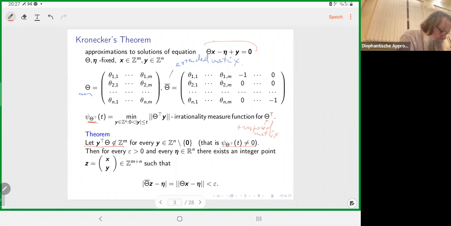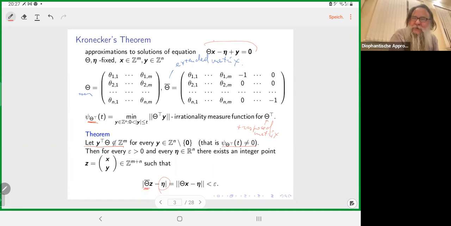Then we have the following well-known density result. If we deal with integer points of such a form, then theta z forms a dense set. So for any epsilon, we can approximate this inhomogeneity by a point of the lattice as close as possible.